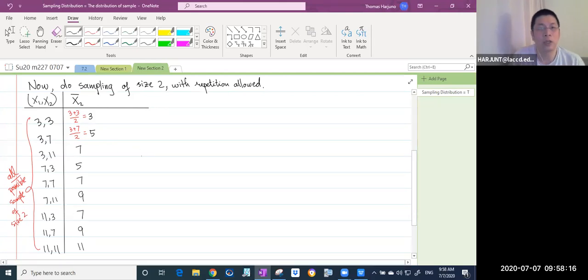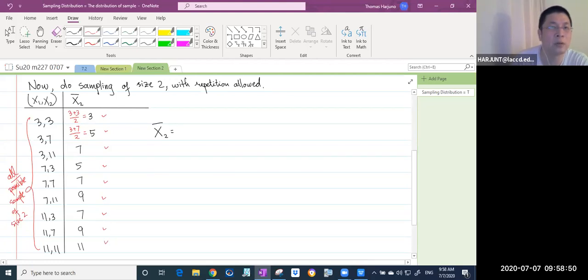So now you see that my X2 bar, when you do sampling of size 2, then the possible means of any sample of size 2 are either 3, 5, 7, 5, 7, 9, 7, 9, 11.